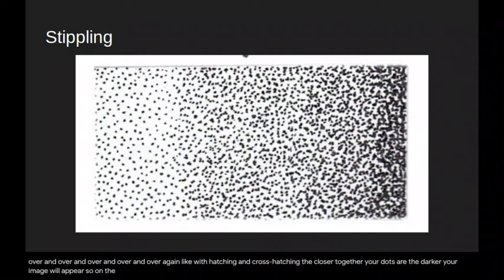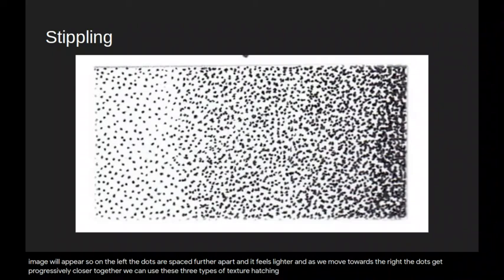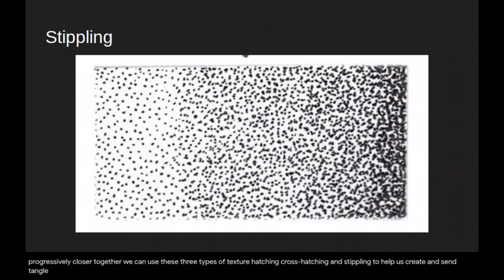So on the left, the dots are spaced further apart and it feels lighter. And as we move towards the right, the dots get progressively closer together. We can use these 3 types of texture, hatching, cross-hatching, and stippling, to help us create Zentangle patterns.